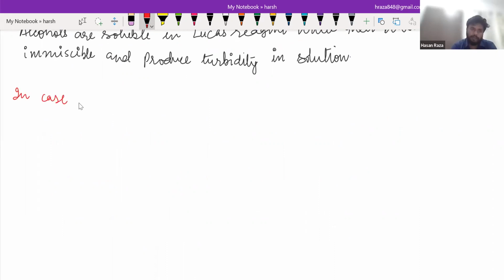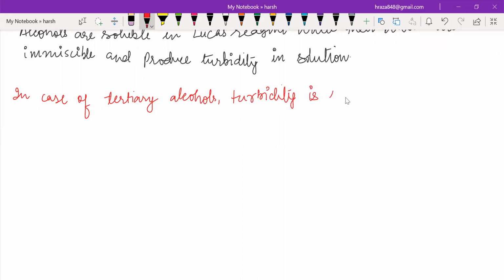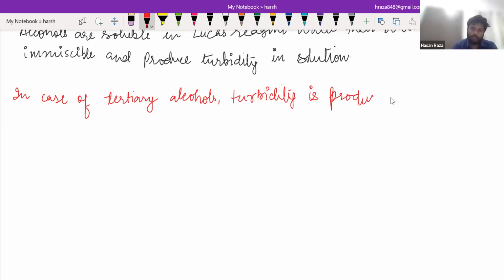So in case of tertiary alcohols, turbidity is produced immediately.